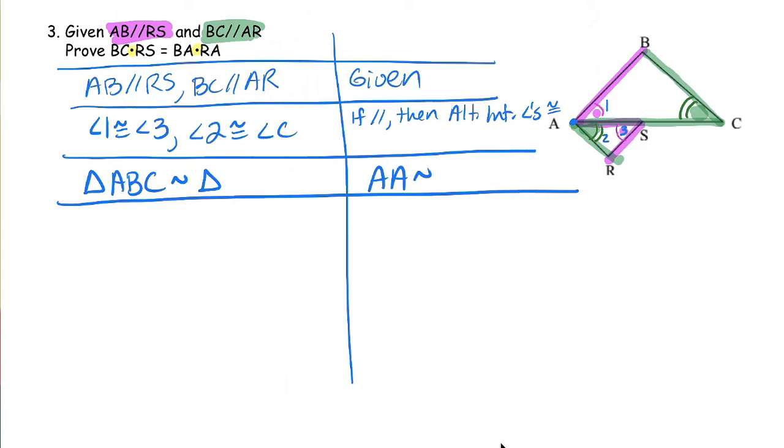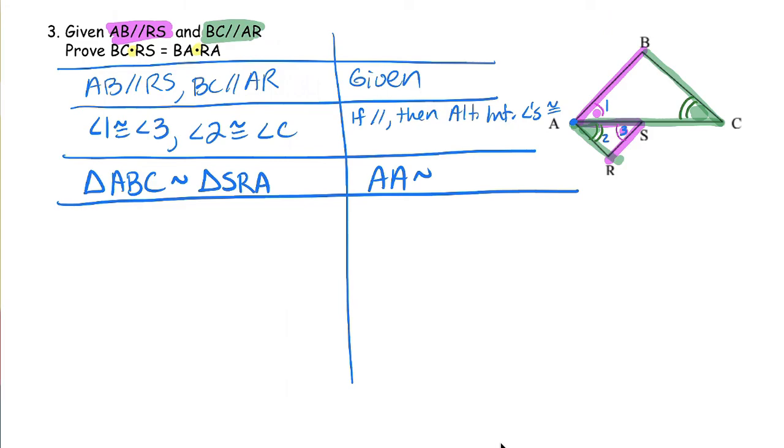So in my statement here, A and S are corresponding angles. So S will go in the place that A was first. Angle B has no marking. It's corresponding with angle R. And angle C in the top triangle has a double marking, so it in the bottom triangle has a double marking at A. So we're going to be matching our corresponding angles that way.